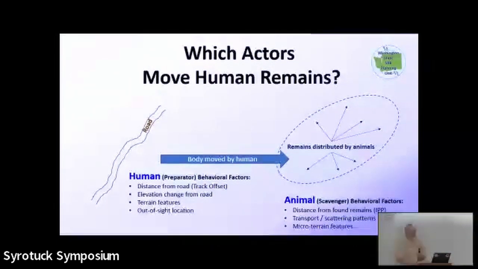When we're planning for criminal evidence searches in particular, it's important to consider some key factors to determine where the location of our targets could be. Items are first moved by humans, and then they may be secondarily distributed by animals.